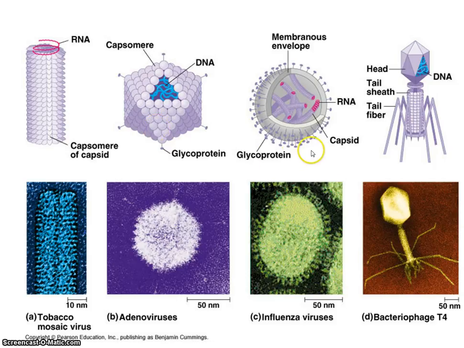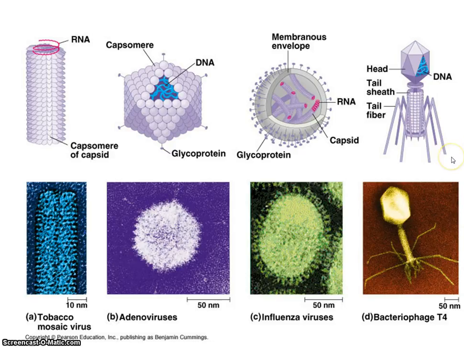Here is the flu virus, and what it looks like. And then here is another common type of virus, that bacteriophage that I just showed you in that last picture. Now it's unique because it almost looks like a living organism. If you look at the electron microscope picture of it here, it looks like it has legs and a body, kind of like an insect. It's built very similar to a living organism, but it's not.